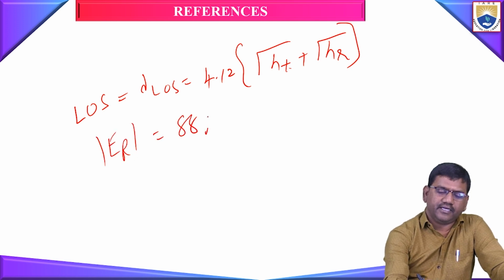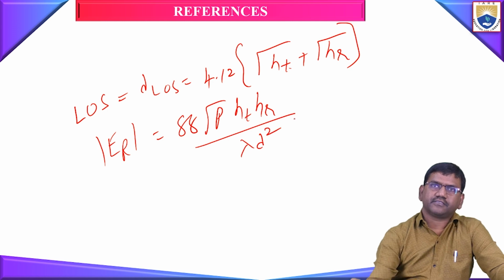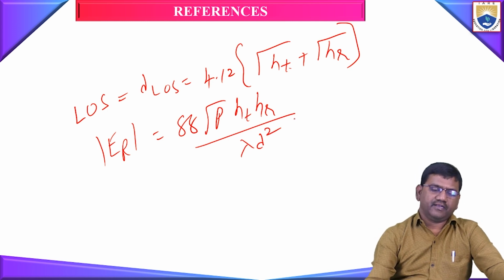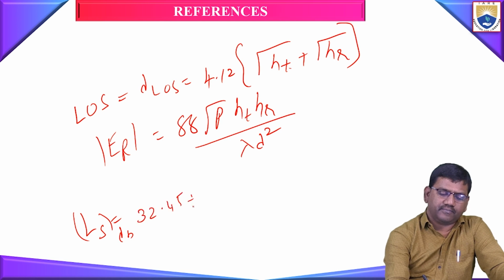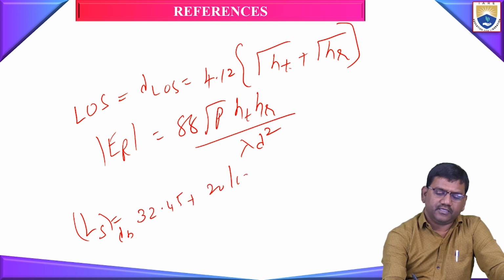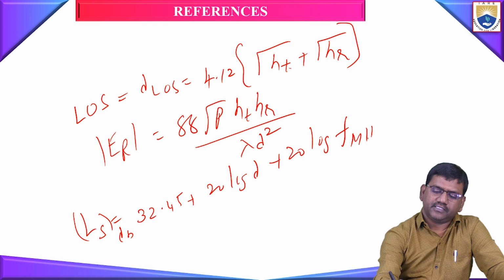It is 88 root P HT HR by lambda d square. And the path loss we can find by the formula LS in dB is equal to 32.45 plus 20 log D plus 20 log F in megahertz.